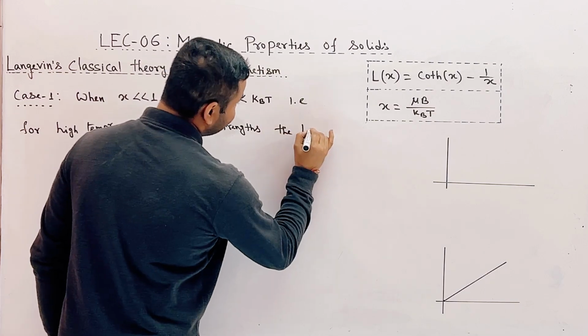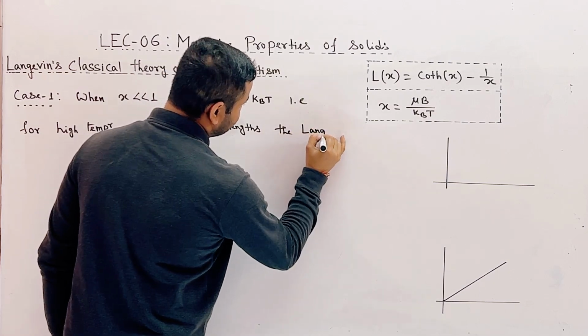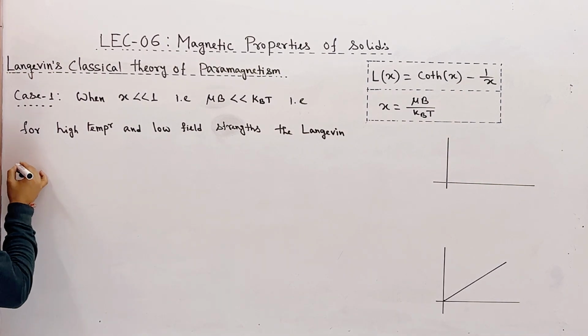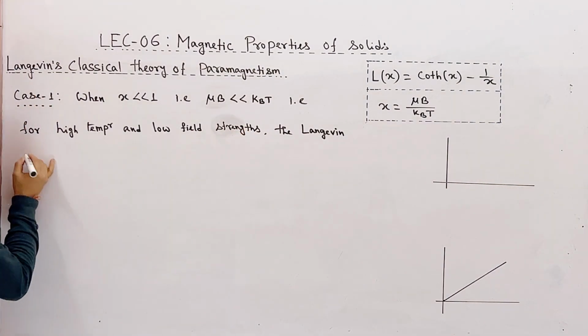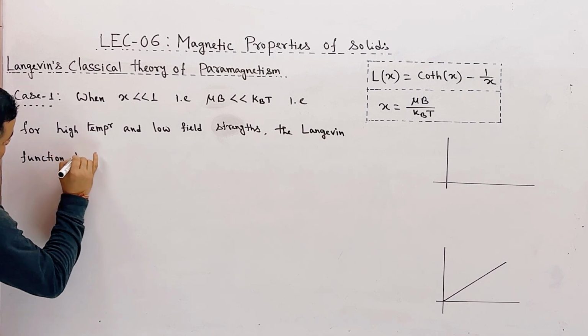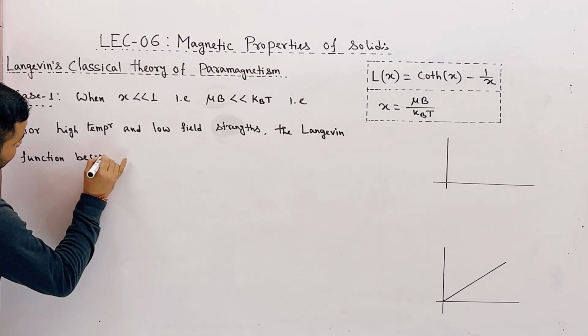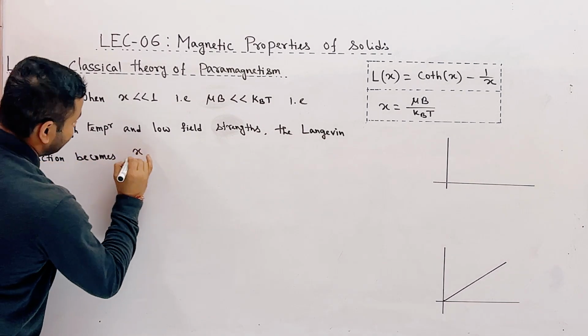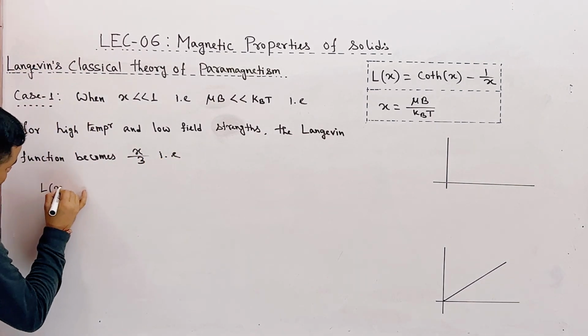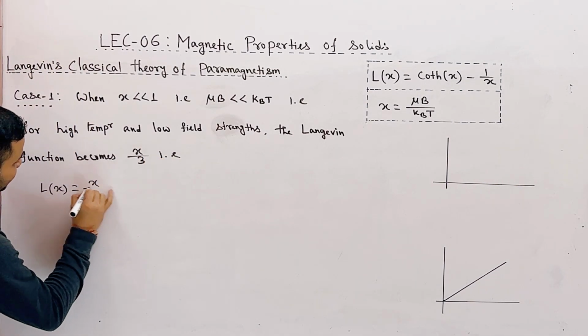The Langevin function becomes x by 3, that is L(x) equal to x by 3.